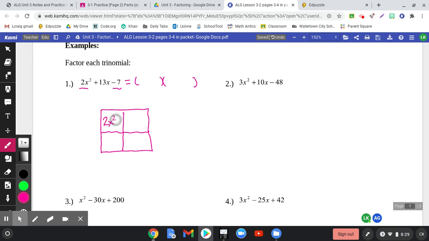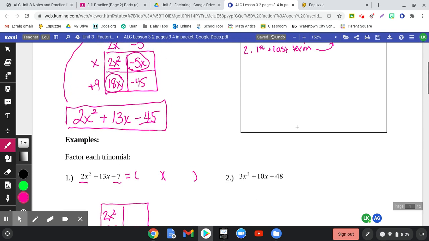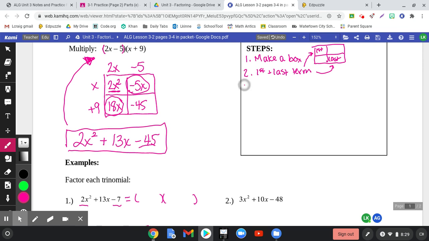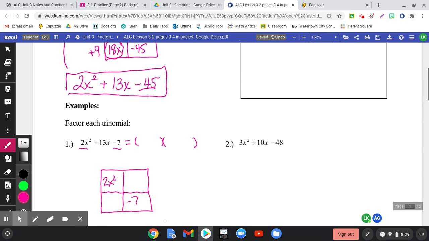2x squared, negative 7. Now, what we're going to do is multiply the first times the last term. All right, so 2 times negative 7 is going to give us negative 14x squared.